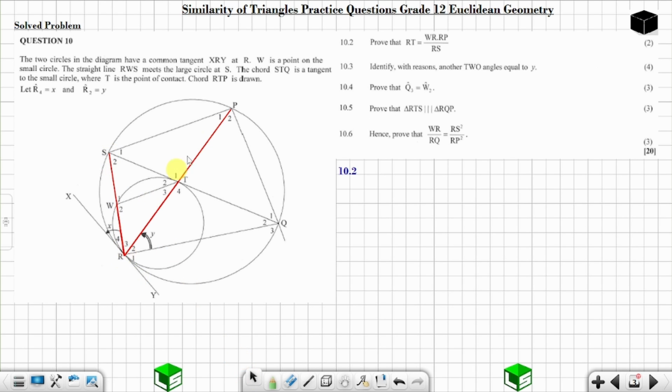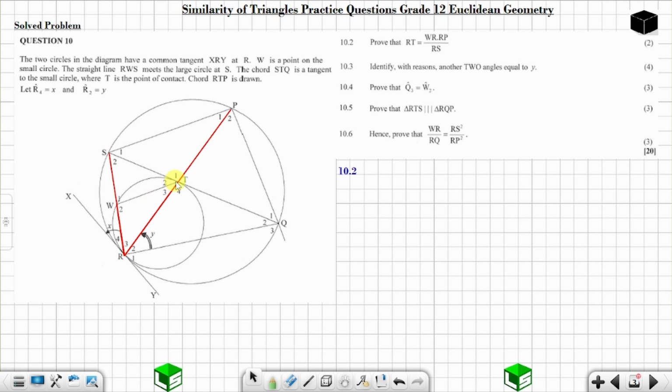Can you see? You have your triangle because you have a line WT parallel to one side of the triangle. You can use the proportionality theorem.